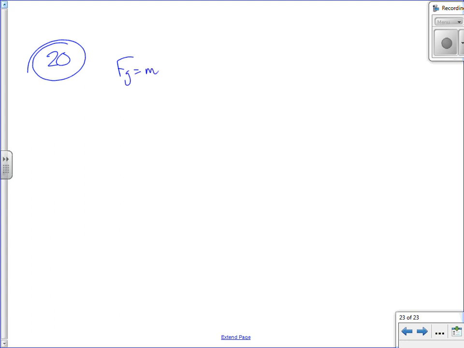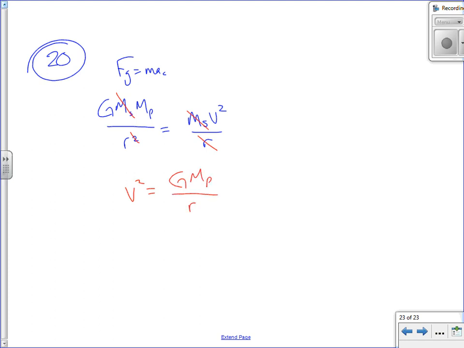Fg is ma c. G, mass of the satellite, mass of the planet, over r squared equals mass of the satellite v squared over r. v squared is G mass of the planet over r.